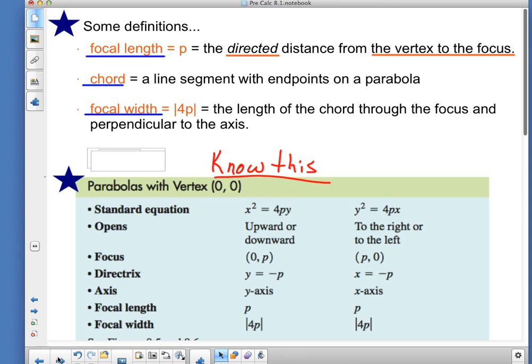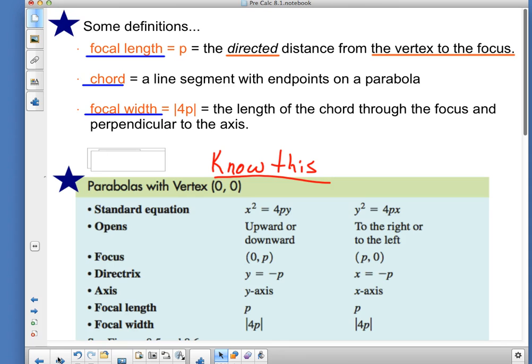Our focal width is the absolute value of 4p. Well, we saw 4p, x squared equals 4py, or y squared equals 4px. That's the focal width. Okay, that's telling you how wide the parabola is through the focus at that point. And it's a chord. It's going to be parallel to the directrix.